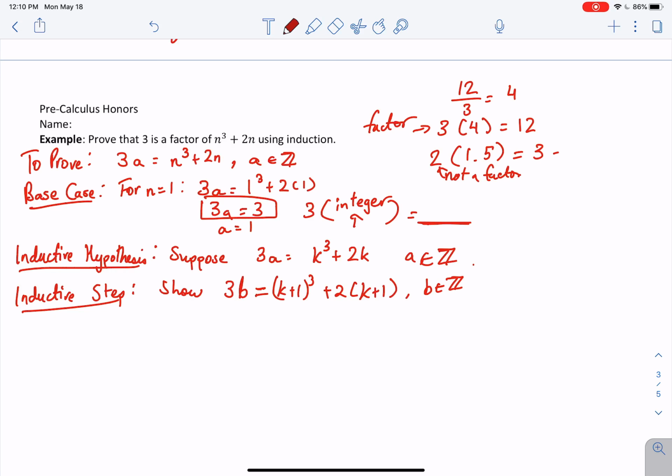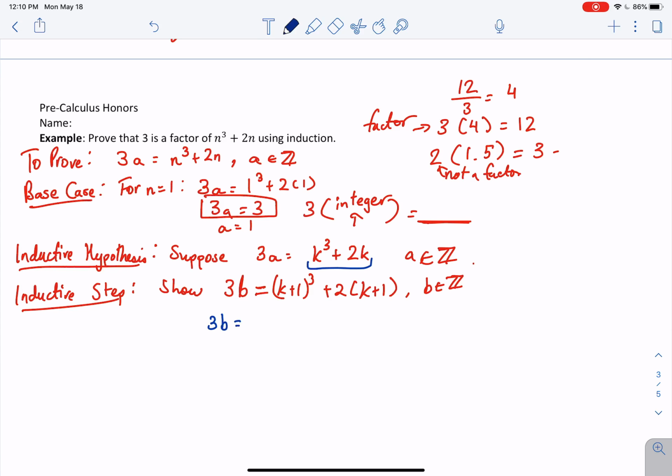So now let's try to prove this. Proving these is very similar to what we did before with the summations. You're just going to have to do a lot of factoring, basically. You want to get k cubed plus 2k out of this. So I'll take the right side, because there's nothing much I can do on the left side, right?